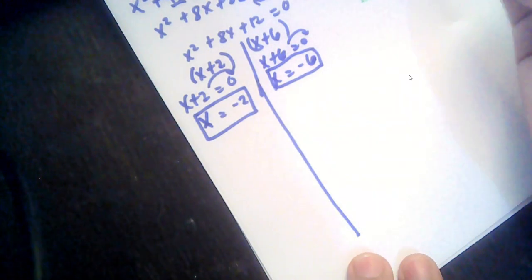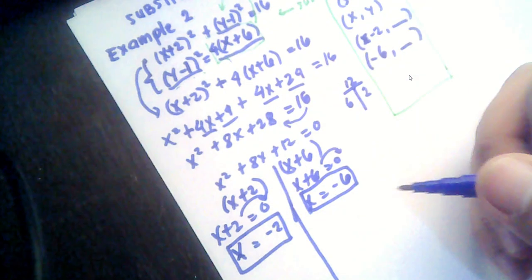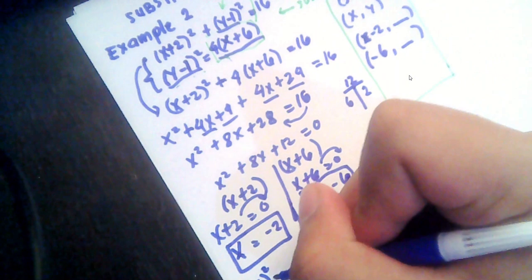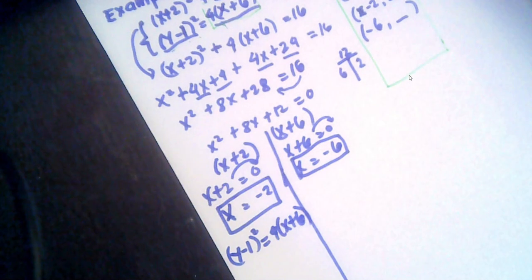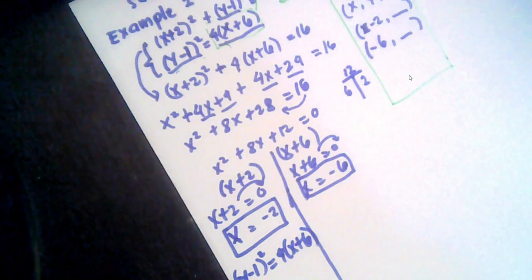So in solving for the value of y, let us use this second equation. Okay, we have y minus 1 squared equals 4 times x plus 6. Let us substitute negative 2.